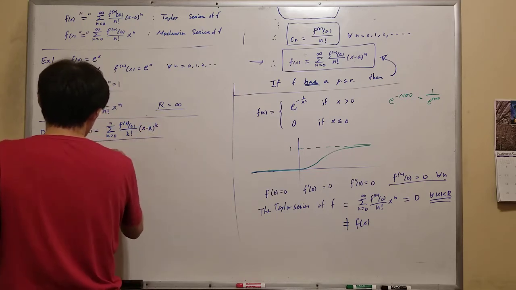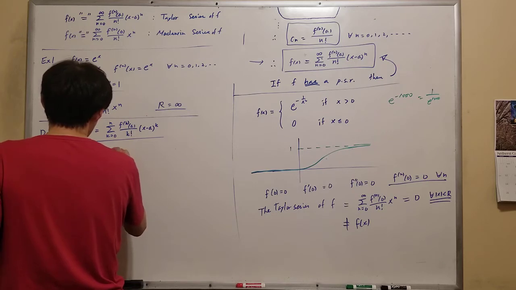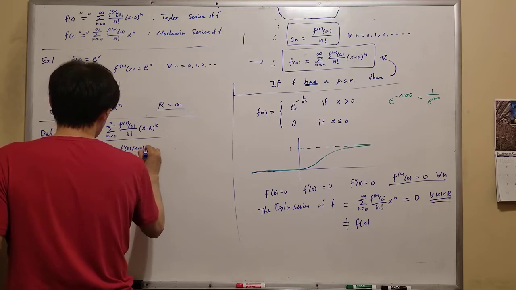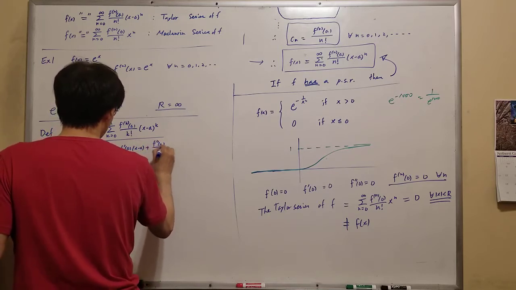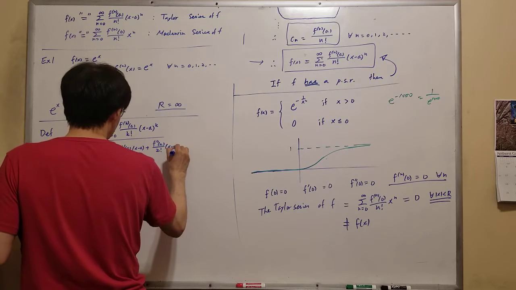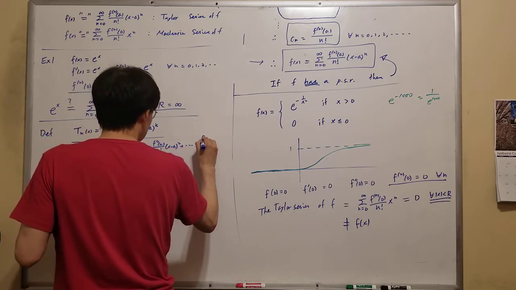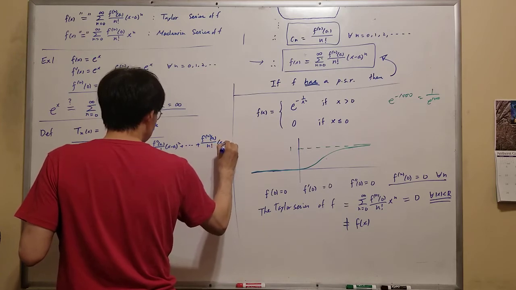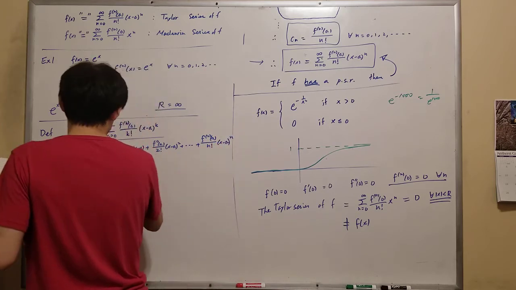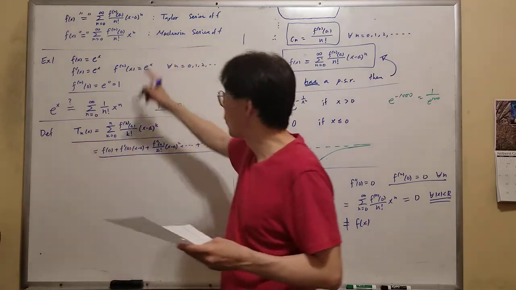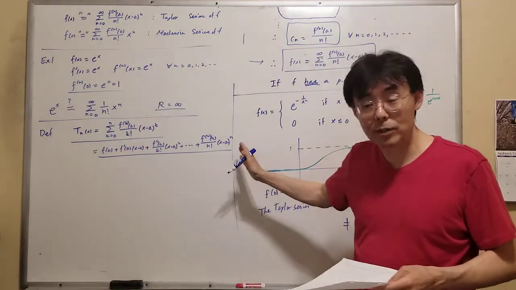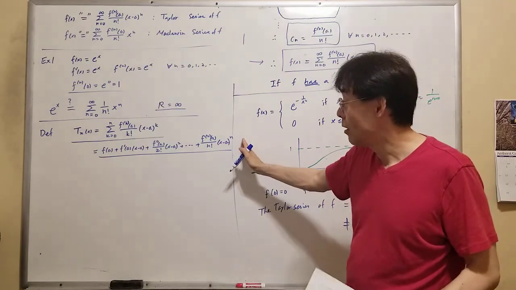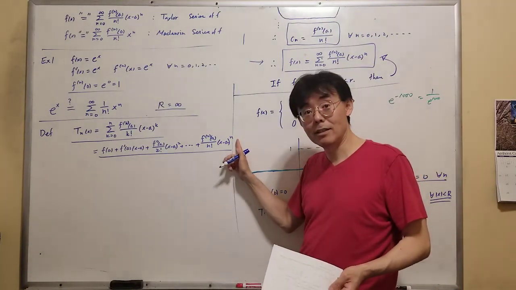So that means f of a, plus f prime of a times x minus a, plus f double prime of a over 2 factorial times x minus a squared, up to the nth order derivative of a over n factorial. In the Taylor series formula, you stop at the nth power term. Then it becomes a polynomial of at most n degree.